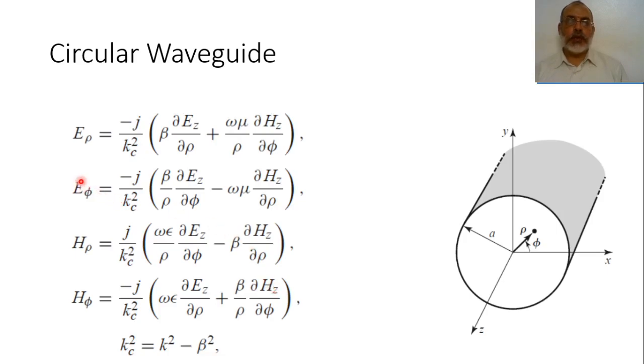For the case of electric field from magnetic field, the proportionality constant is minus j omega mu over kc squared. On the other hand, for magnetic field from magnetic field, the proportionality constant would be minus j beta over kc squared.